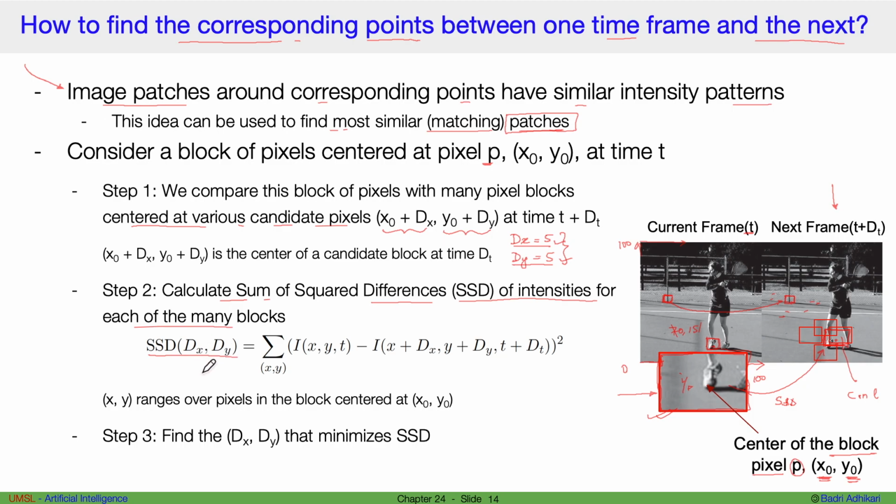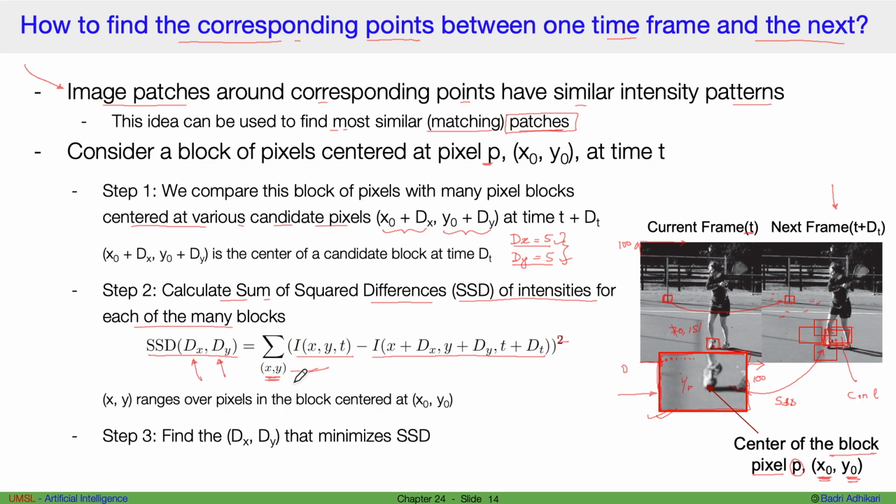SSD for this dx and dy that we have chosen, currently 5, 5, will be equal to, for each pixel in my pixel block, the difference between the intensity in the current pixel and the corresponding pixel in the next time frame, squared, and then summed over.